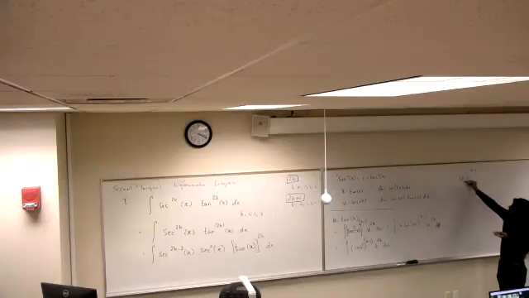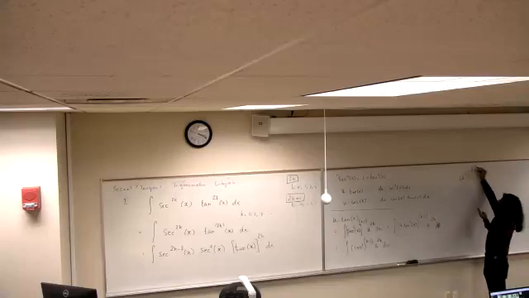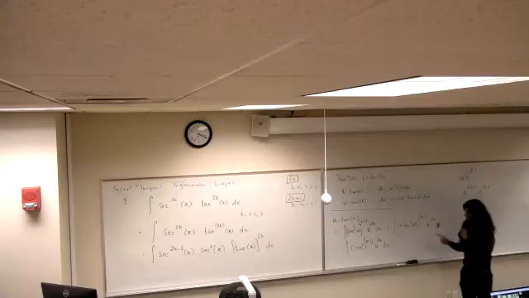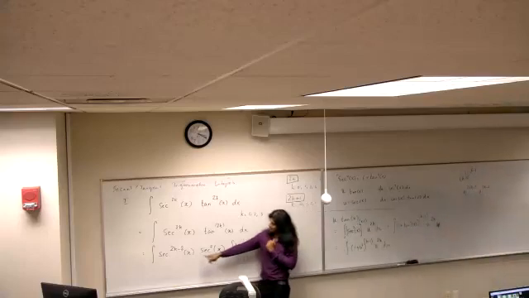If you have something raised to an exponent, and then raised to another exponent, you multiply those two. So a raised 2 times k minus 1 is a raised to 2k minus 2, right? Instead of a, I have secant.